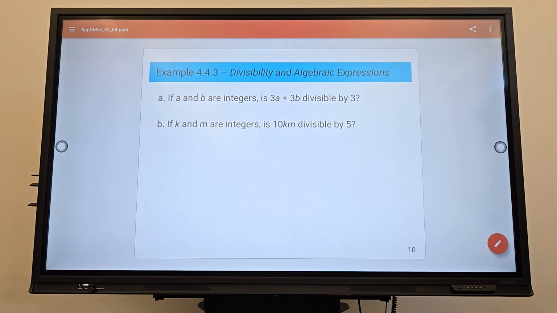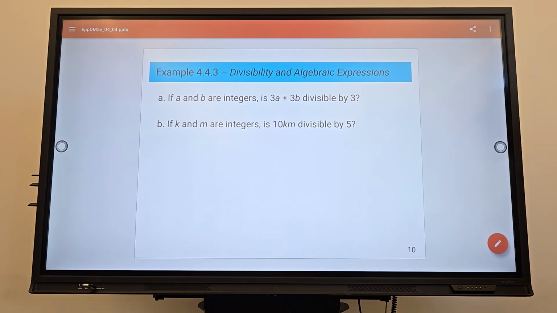If a and b are integers, is 3a plus 3b divisible by 3? Yeah, because you can factor out the 3, and a plus b is an integer, so you have 3 times the quantity a plus b.